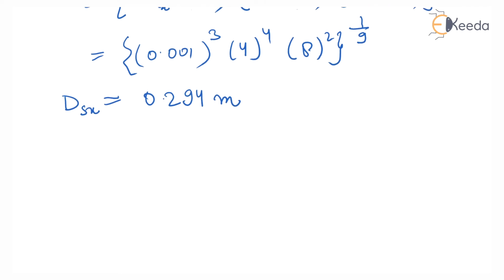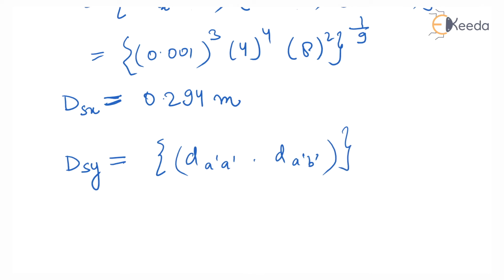Similarly, we have to find the self GMD for conductor Y. See, in the Y conductor there are only two conductors. So distance from A dash to A dash and distance from A dash to B dash, to the power 1 by 2.